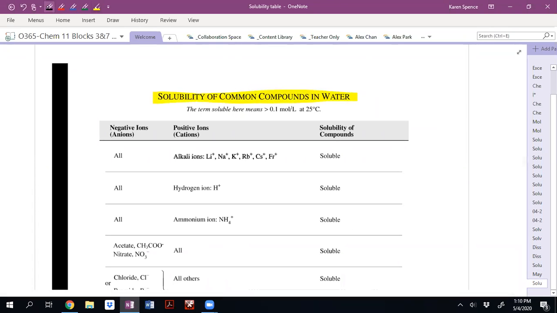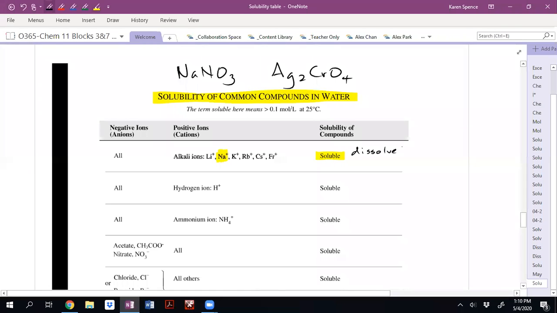And the 2 compounds we were looking at were NaNO3 and Ag2CrO4. Now, all of our alkali ions, including sodium, are always soluble. What does it mean to be soluble? It's dissolved in the water, so it is aqueous.